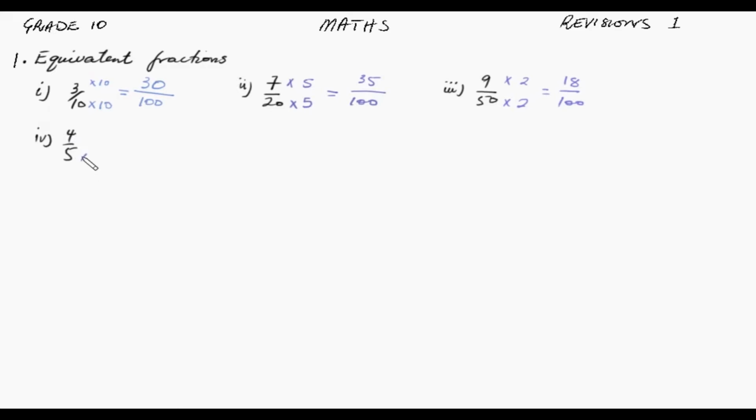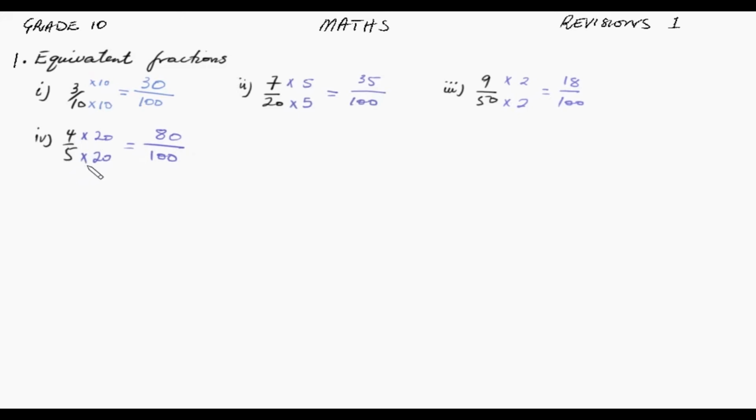To make 5 into 100, you multiply by 20. You multiply 4 by 20 to balance. So 5 times 20 is 100, and 4 times 20 is what? 80. So 80 over 100 is equivalent to 4 over 5.